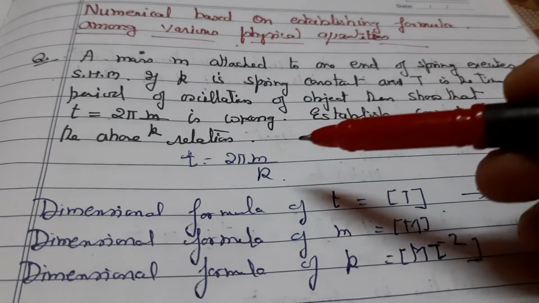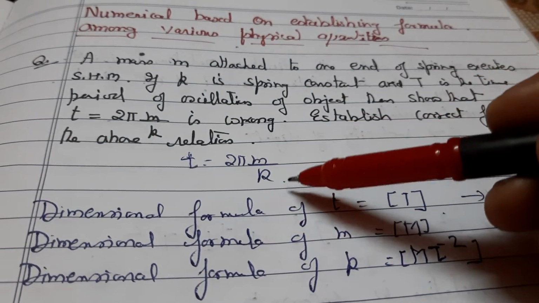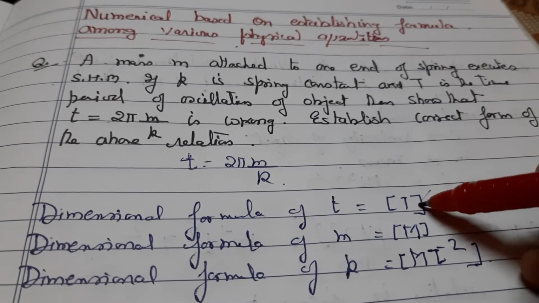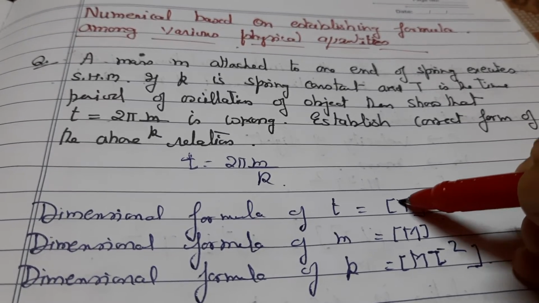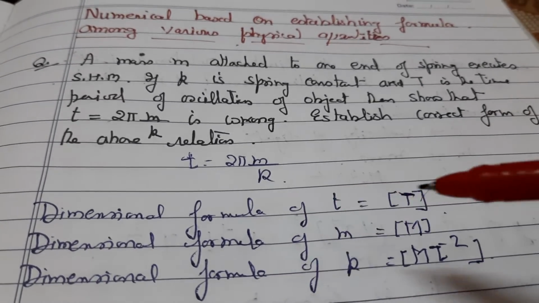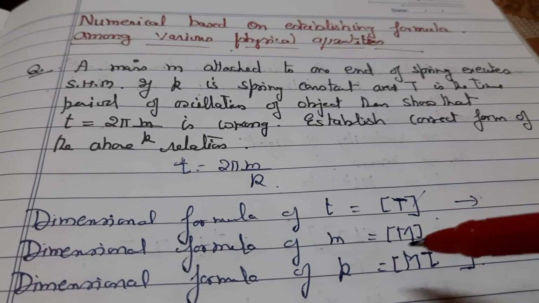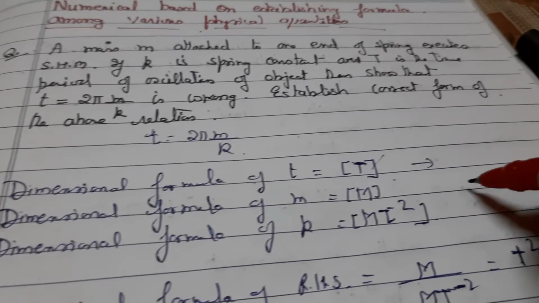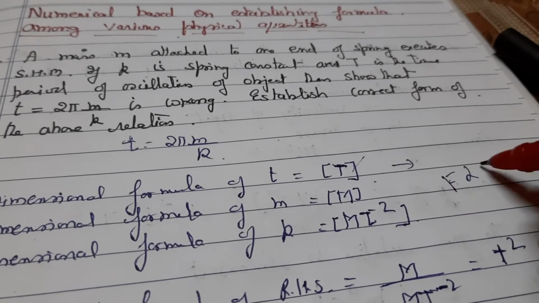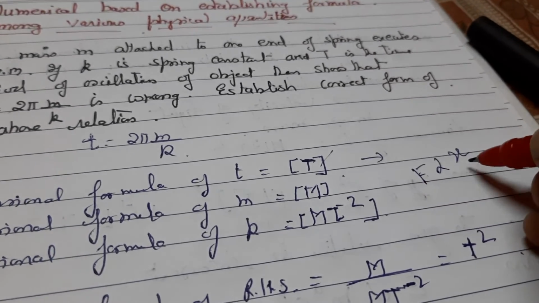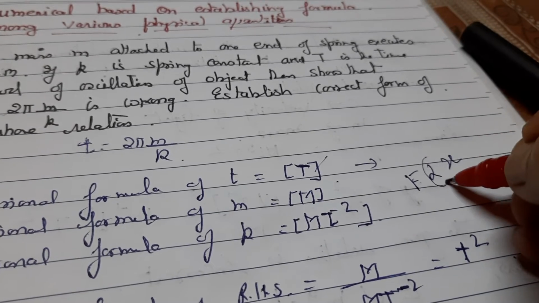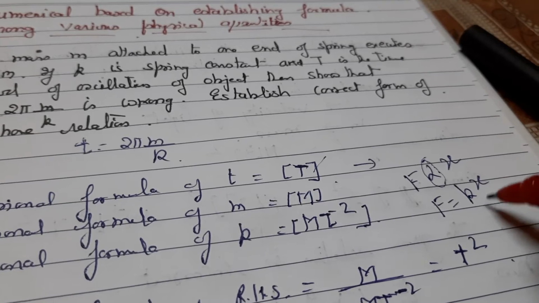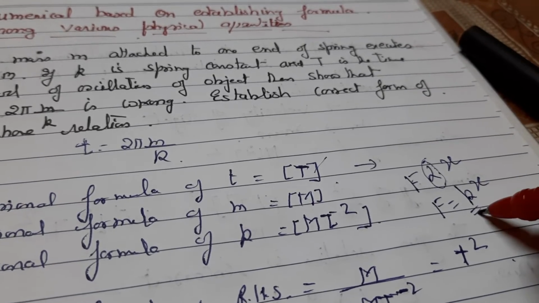So now first we will write the dimensions of t, m and k. Dimension formula of t is capital T. Then the dimension of m, capital M, will come, no doubt. And then the dimension formula of k. We know that force is directly proportional to the displacement in the case of a spring. If we remove the proportionality constant, F is equal to kx, and this k is known as the spring constant.